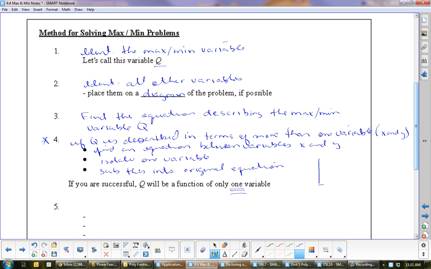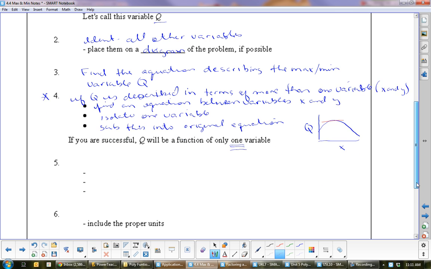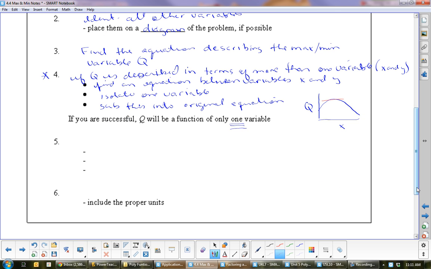So what we're looking for is Q and X, and we want to go find maybe the maximum. So this is where 5 comes into place. Use the first derivative test to find max min.